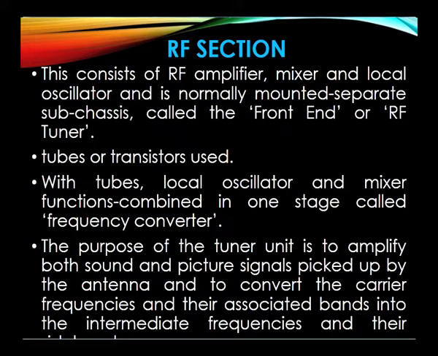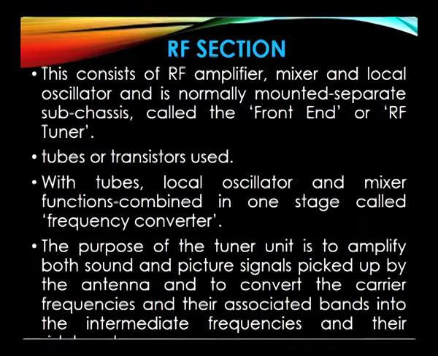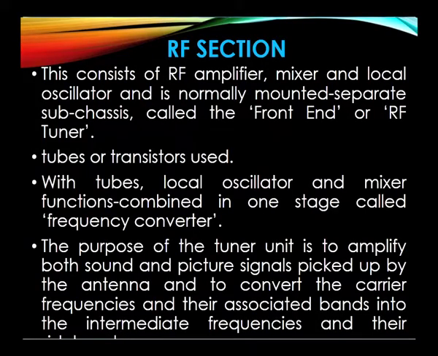The purpose of the tuner unit is to amplify both the picture and sound signals and convert them into a carrier frequency with the associated sidebands. So the RF tuner output consists of both the video and sound signals, along with the carrier frequency and sidebands.